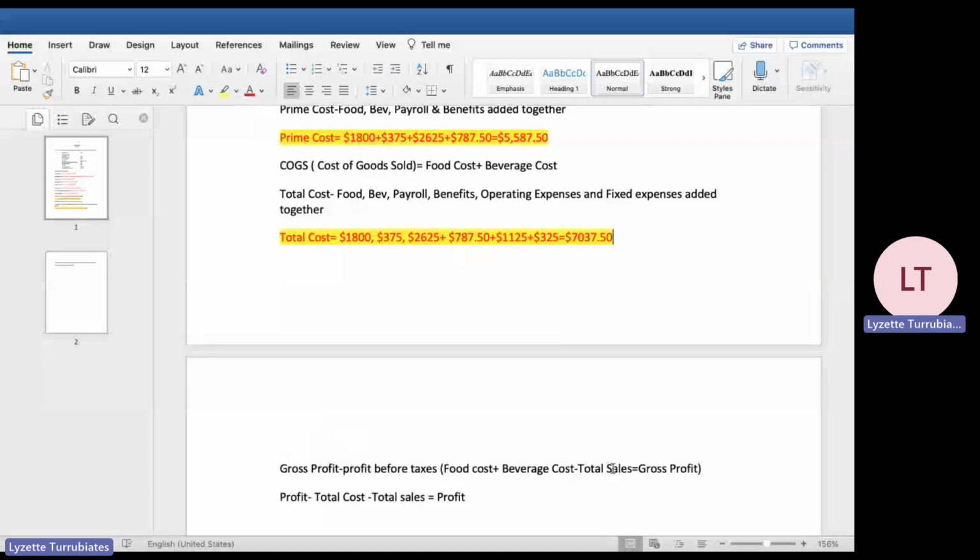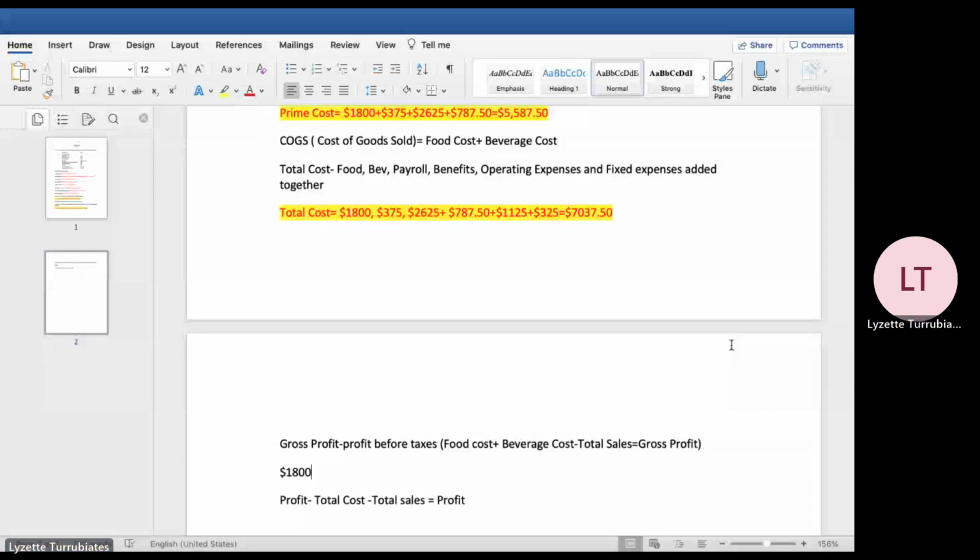So we look at that so that we can see how we are doing as far as our cost compared to the sales, right? So if it looks like our cost is really high and we're not making too much profit, then we want to manage that.